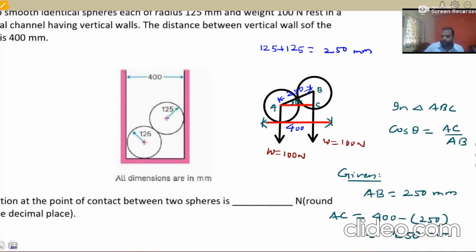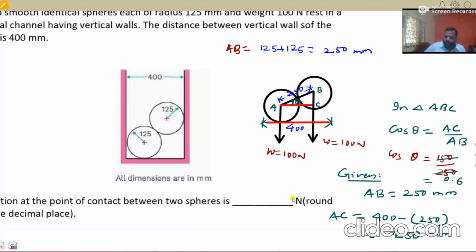I can use that value in cos theta is equal to AC, which is 150, upon AB, which is 250. Cancelling out, the value will be 0.6.